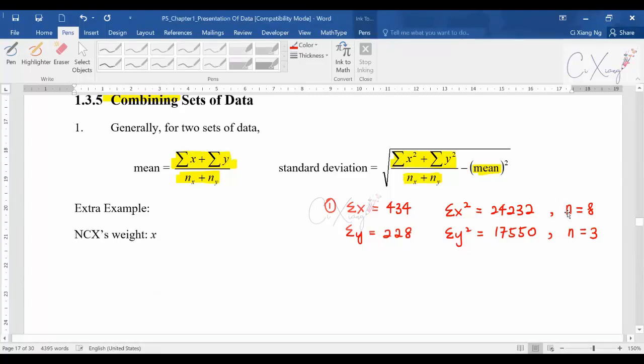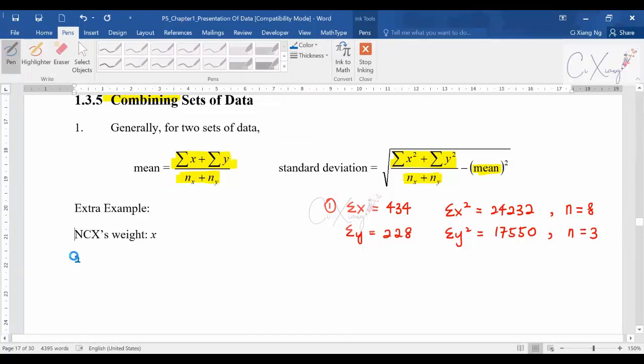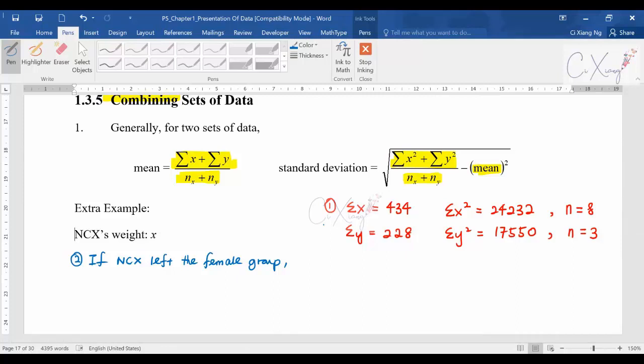And I'm actually part of the 8 female here. Yeah, alright, so now if I want you to... okay, so let's say I left the female group, then I will get maybe a new mean or new variance.